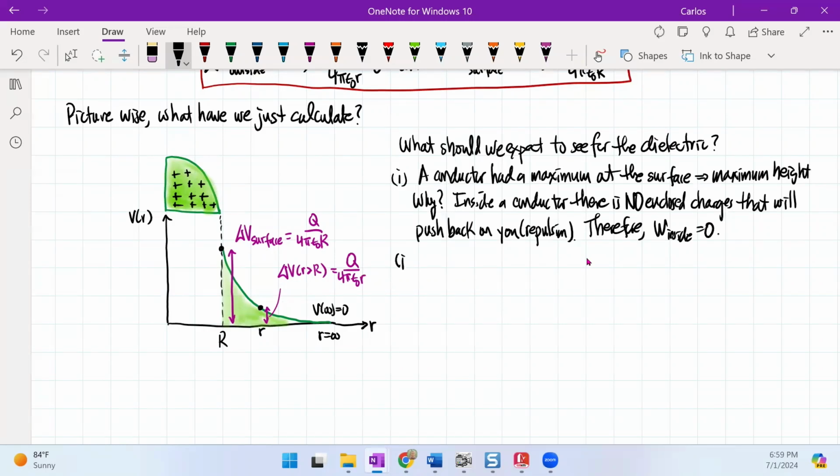But what about the dielectric? This is not true for dielectrics, since there is enclosed charge.